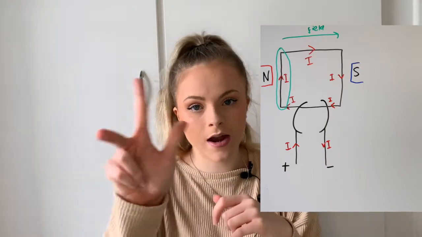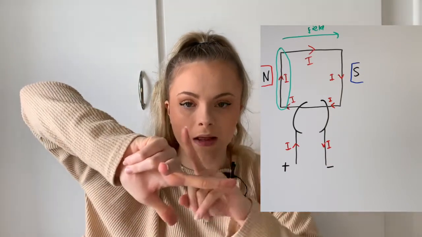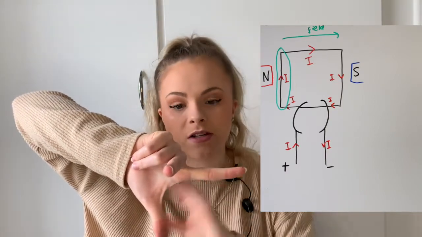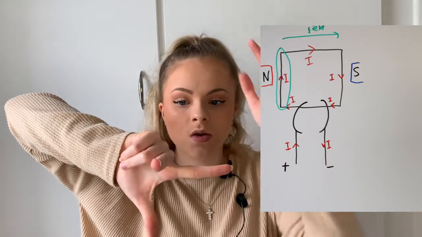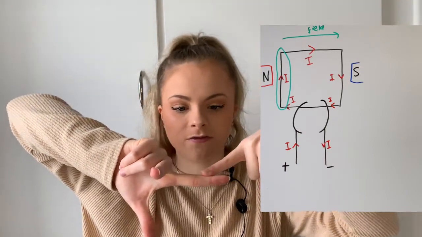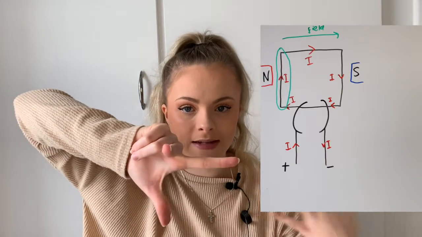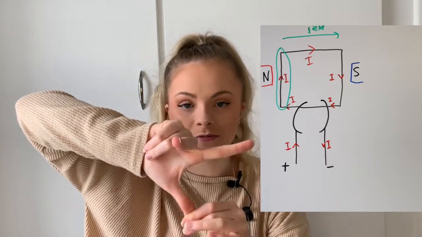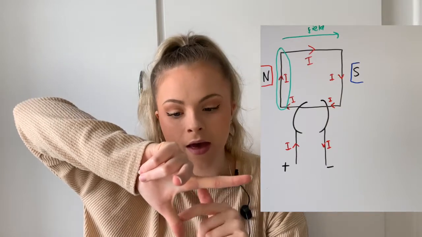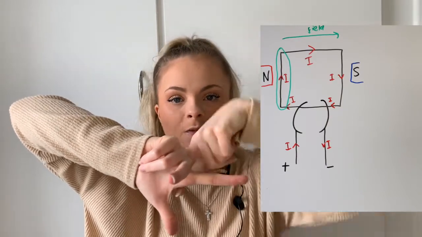So we need to turn our finger from left to right so that it's pointing to the right. And then we don't move our thumb at all. So we've set in stone where our current is flowing, where our field lines are flowing. So wherever our thumb is now is going to show us the direction of motion. So we can see the left-hand part of the wire is going to feel a force that is pushing downwards.